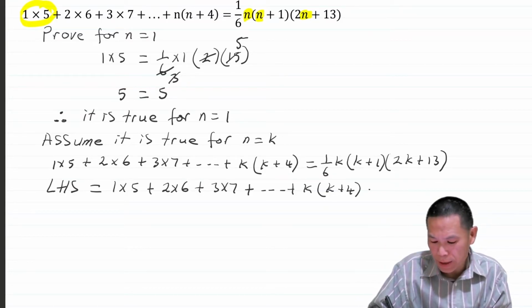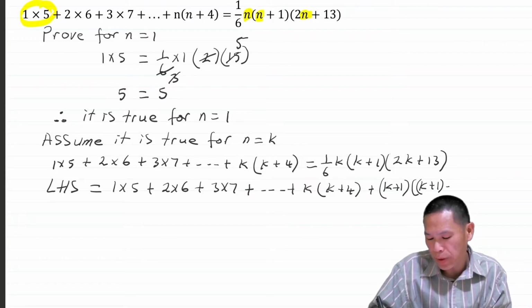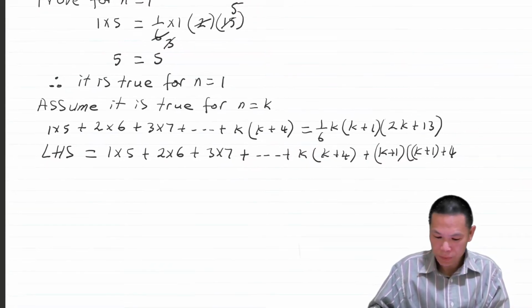So we replace n with k plus 1. So the last term is k plus 1 and then k plus 1 plus 4.